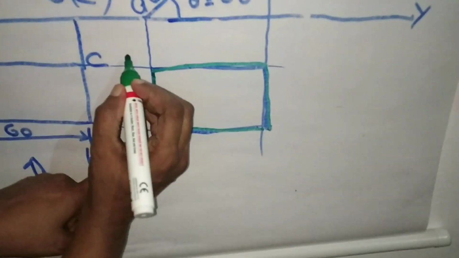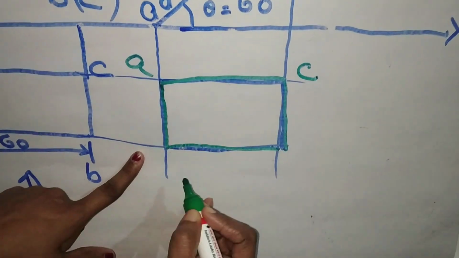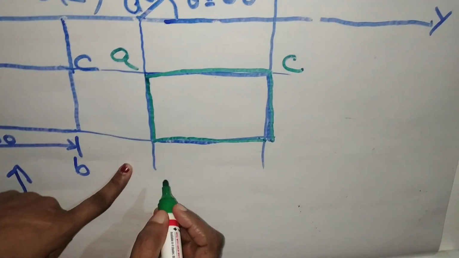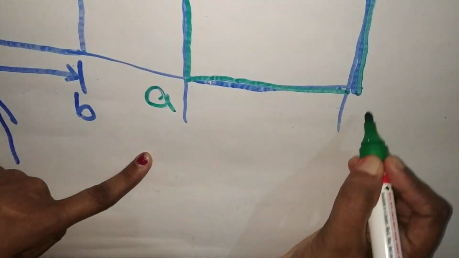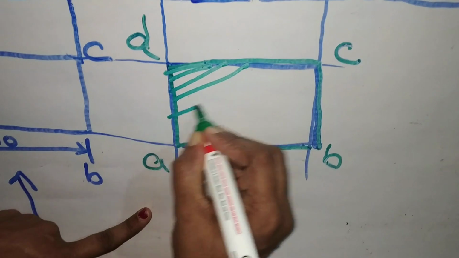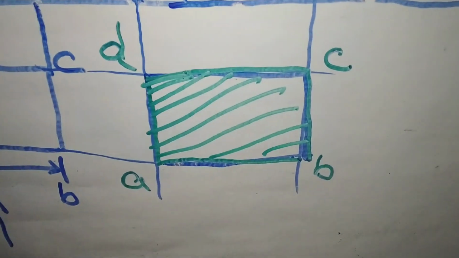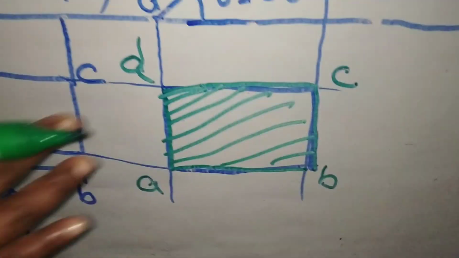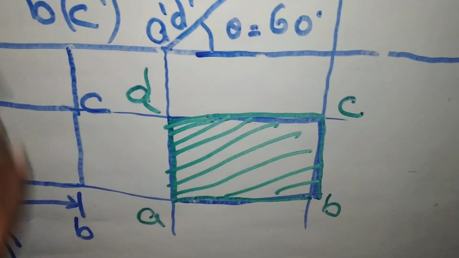So this is my A, this is my C, this is my D, this is my A, and this is my B. This is not required. Don't give hatch lines in the required solution; this is only for making you understand. So the required front view and top view of the given problem are ready.